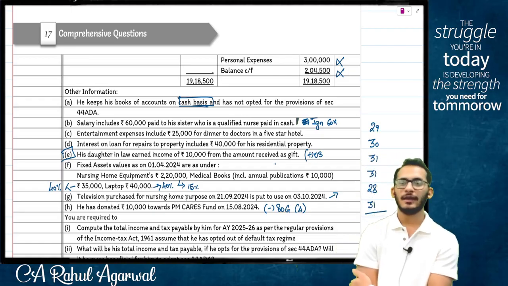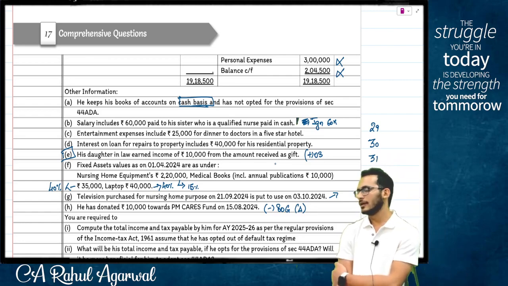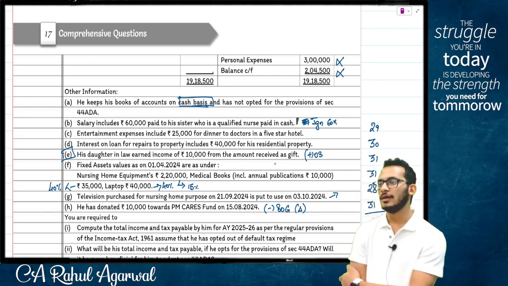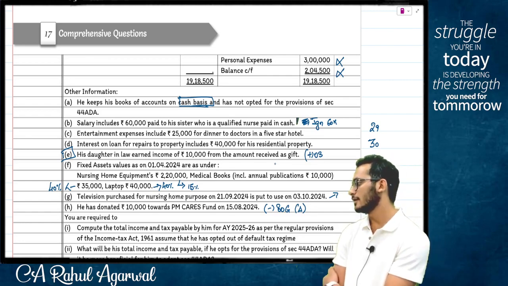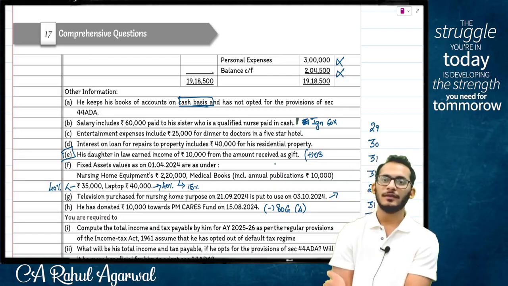It is recommended for Dr. Rohan to compute PGBP as per normal provisions. As per normal provisions. That's it.